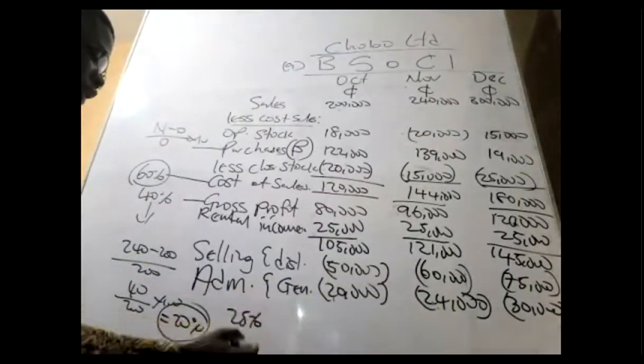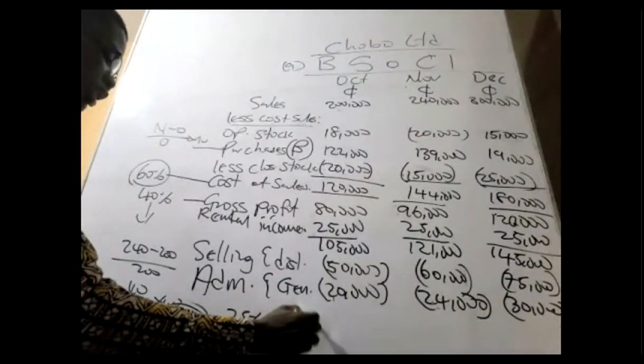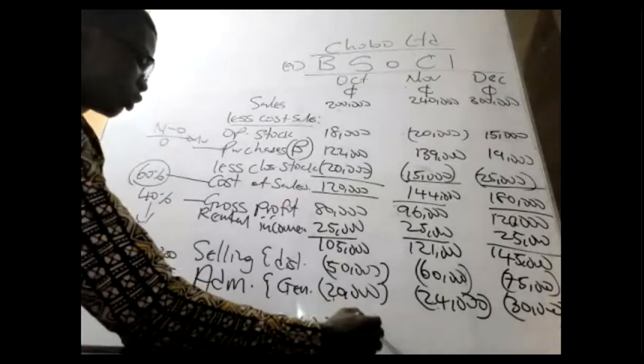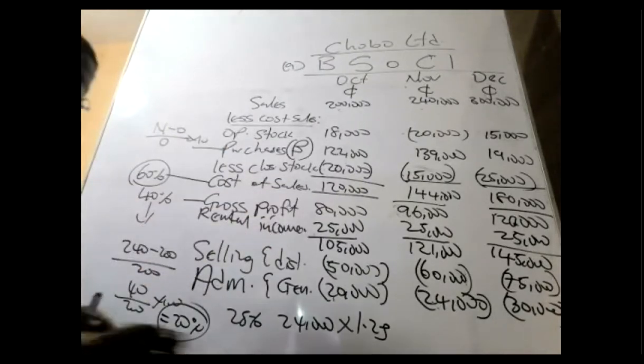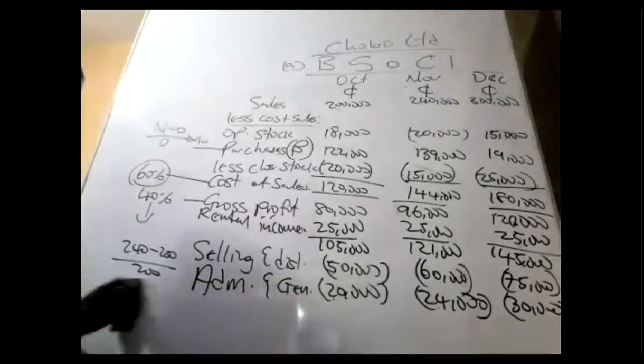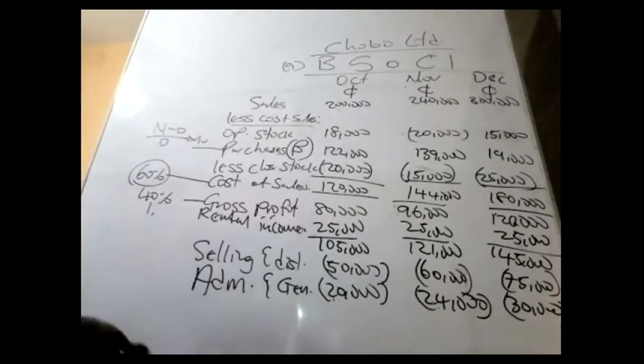So it should be 24,000 here times the increment 1.25. Agree? And you still get the 30,000 that we are getting in here. Basically, that is the administrative expenses. Like the last one, then we move on.